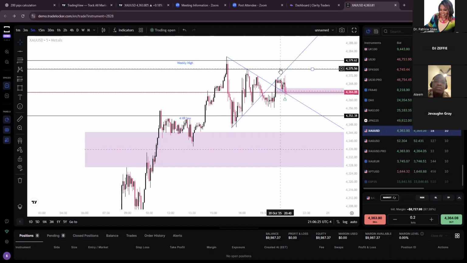We're going to wait for it to run either this high or this low. That's what we're going to wait on.